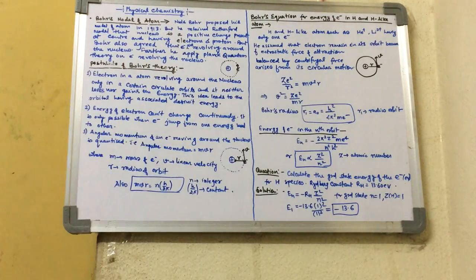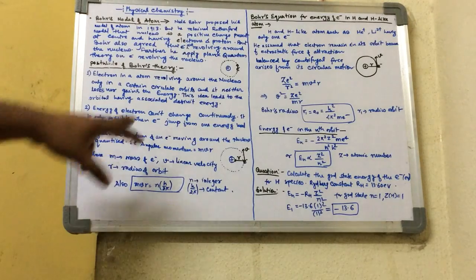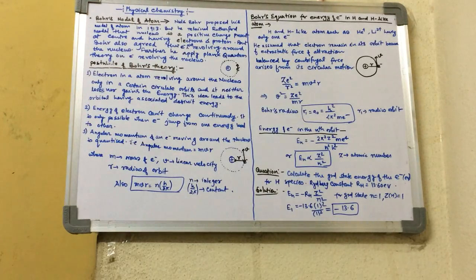Here they have included the same things: the electron present in an atom revolves around the nucleus only in certain circular orbits, and it neither loses nor gains energy. So the electron will not move in any different orbit, only in certain circular orbits, and it will not lose or gain any energy, meaning the energy is constant.